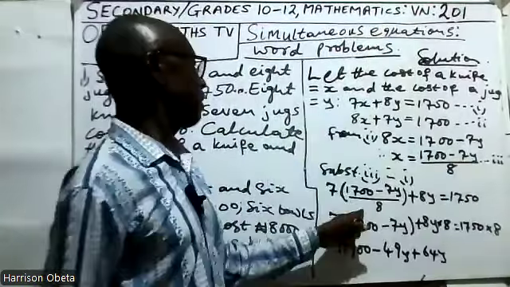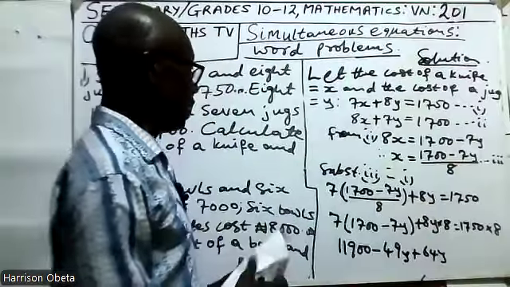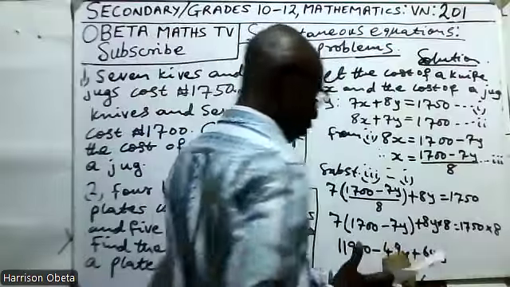That is, multiply this by 8, this will disappear, this by 8 and this by 8. So that's why we have 64.